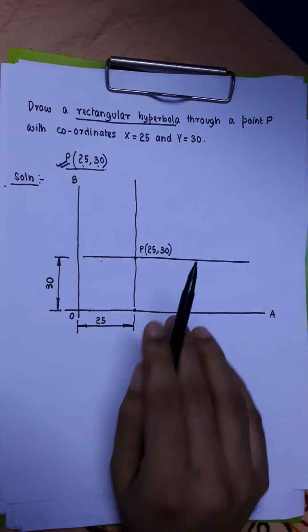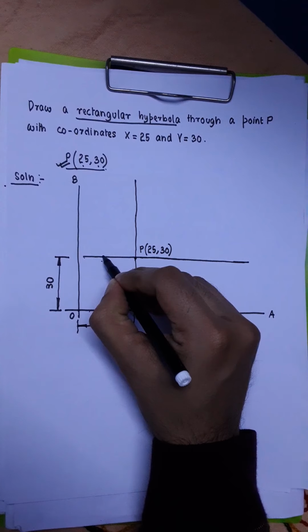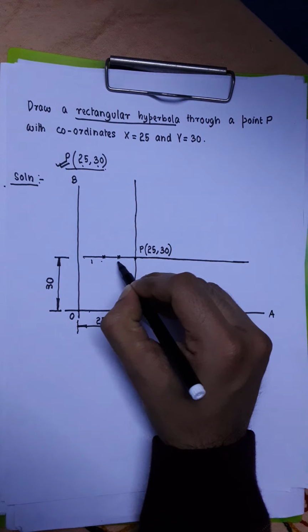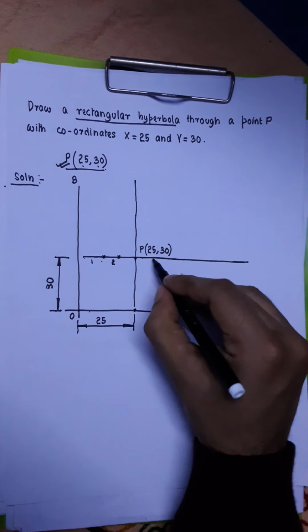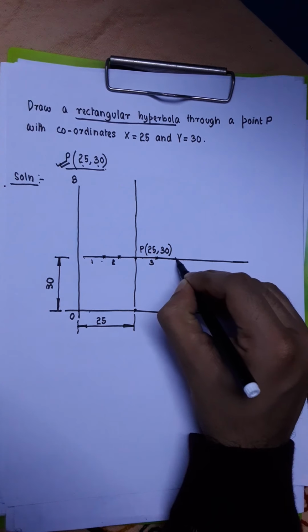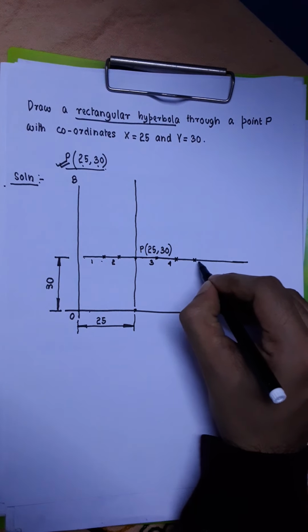These points, I repeat, need not be equidistant. So let me take 2 points here, 1 and 2, and let me take 4 points here, namely 3, 4, 5 and 6.